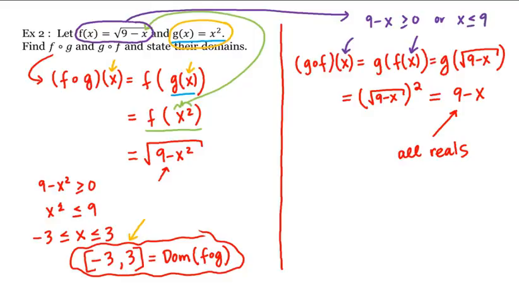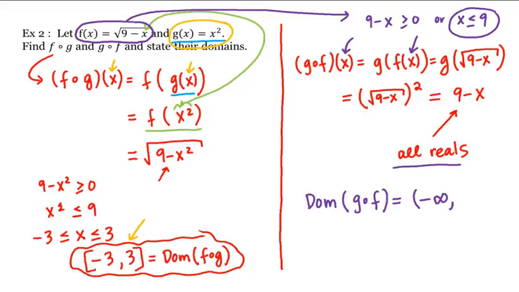Which means we need to exclude any real number that doesn't satisfy this inequality. That is, the domain of g composed with f is the interval from -infinity up to 9.